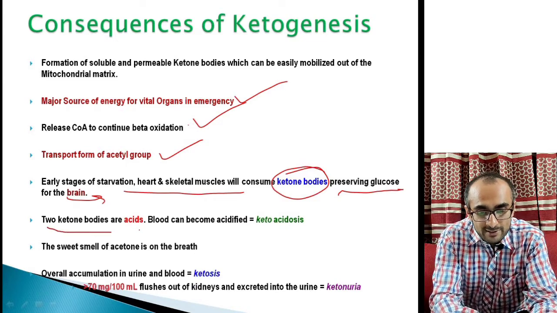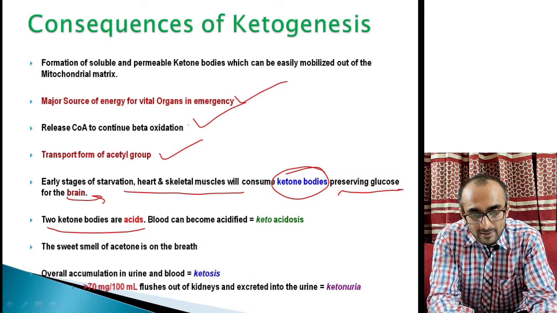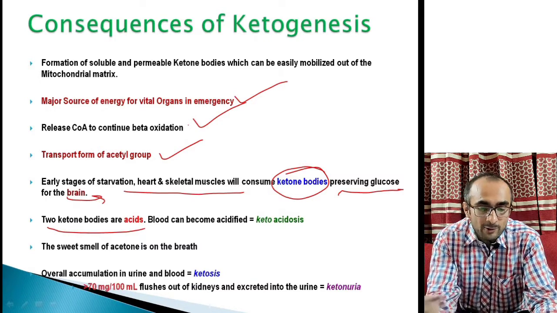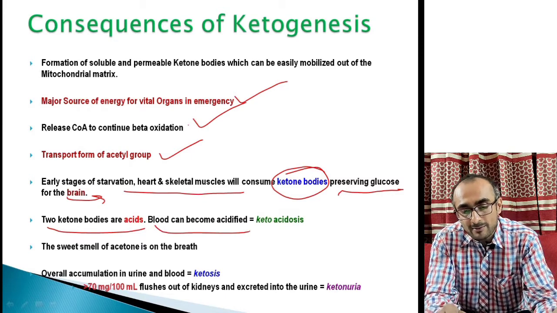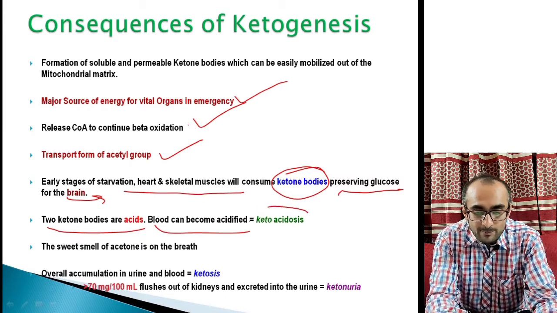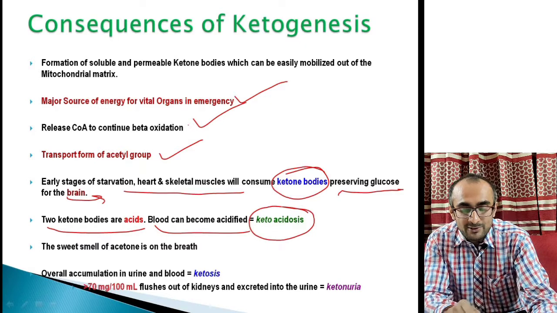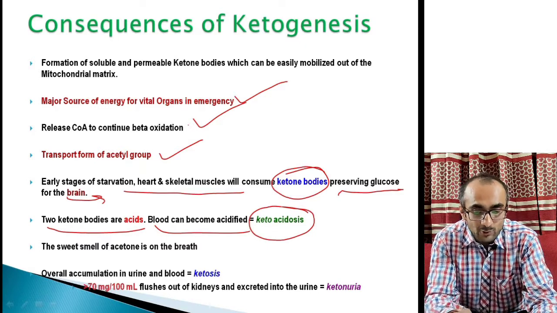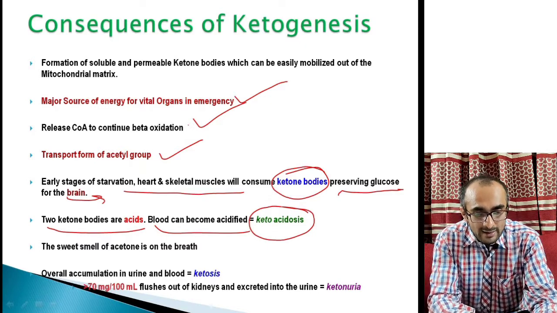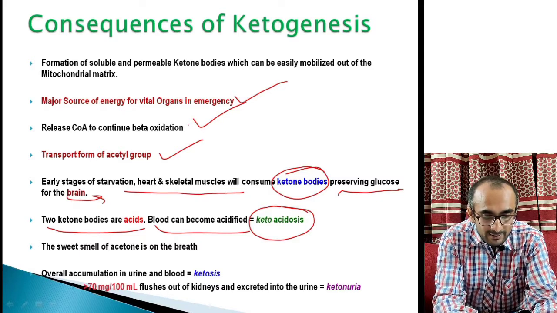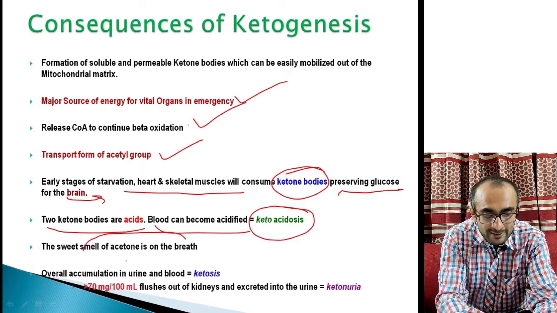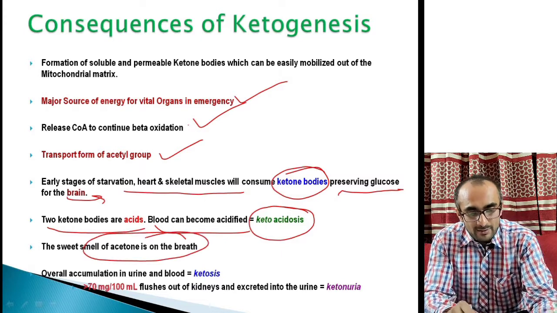Two of the ketone bodies are acids, and that's why when a high concentration of ketone bodies is present in blood, they acidify the blood and pH goes down. That physiological state is called ketoacidosis. And of course high ketone bodies in the blood give a sweet smell of acetone in the breath of the individual.